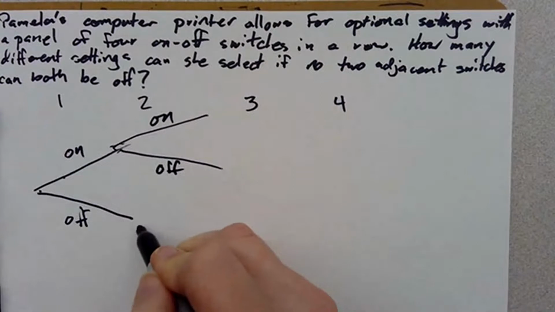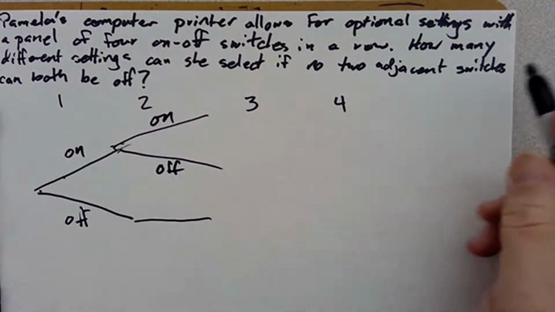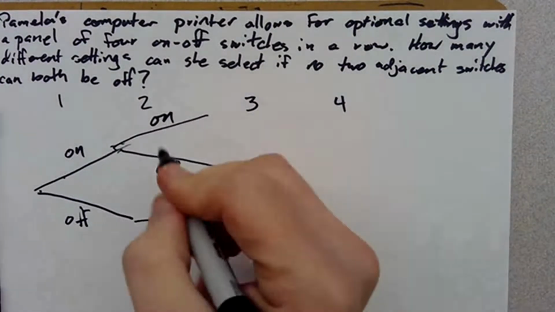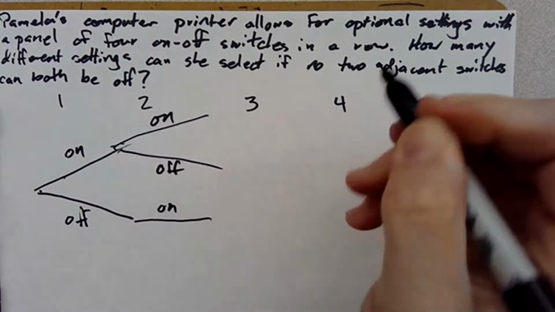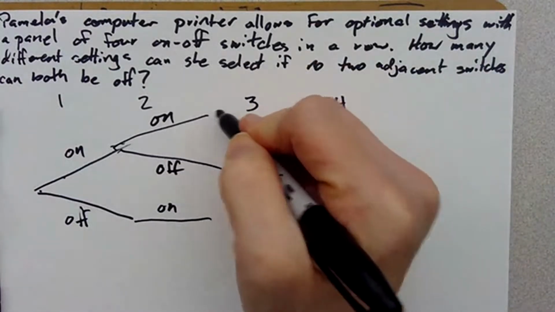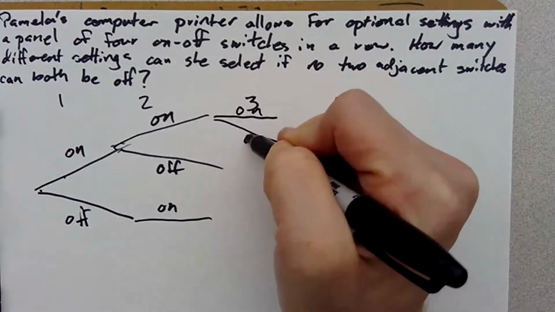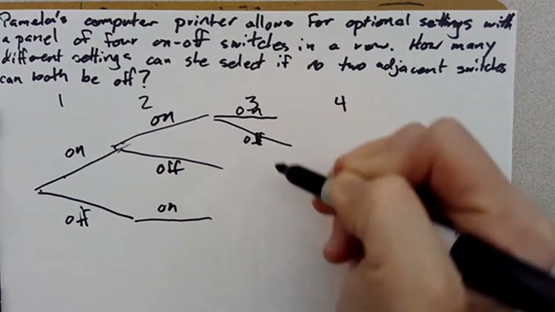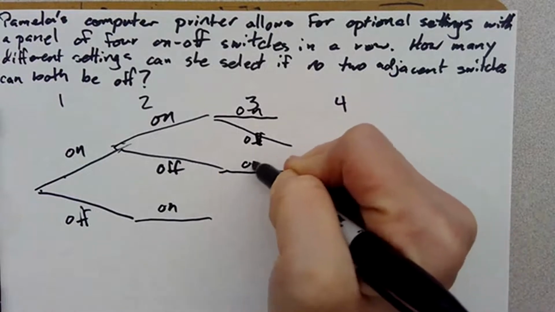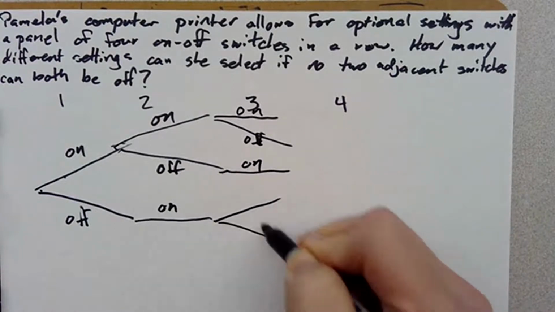But if it's off, there is only one possibility, because no 2 adjacent switches can be off. This is on. So this can be on or off. But this can only be on, and this can be on or off.